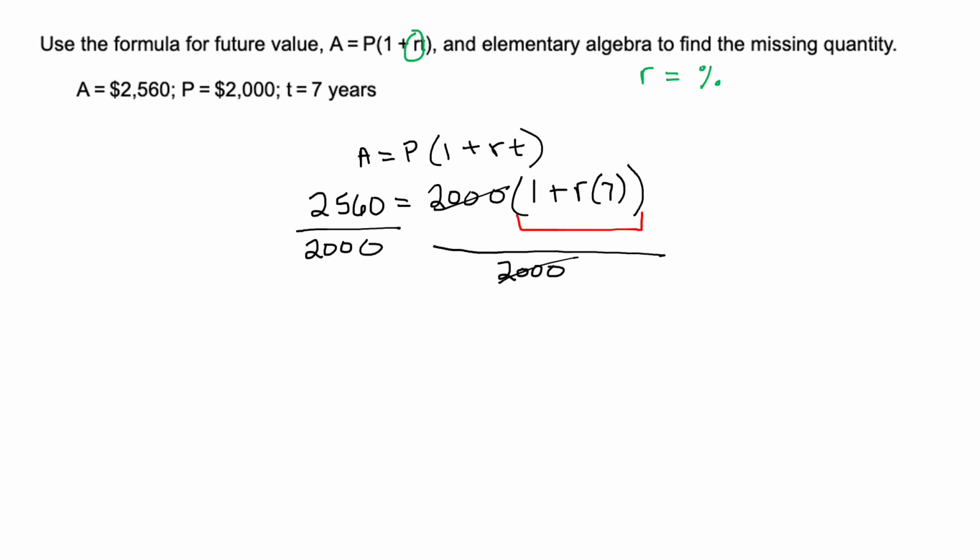And notice that you're just left with the expression with the R in it. So it's 1 plus R times 7. And that equals 2,560 divided by 2,000. If we do that calculation, we'll get 1.28.